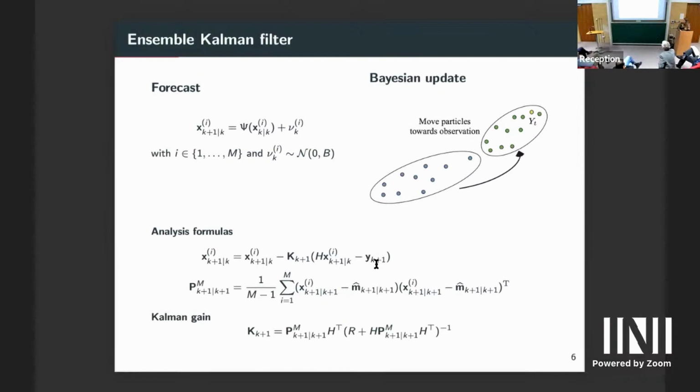This is called perturbed observation. What you're really perturbing is this here, because otherwise you're not ending up with the right covariance at the end. But I wanted to keep it simpler here.